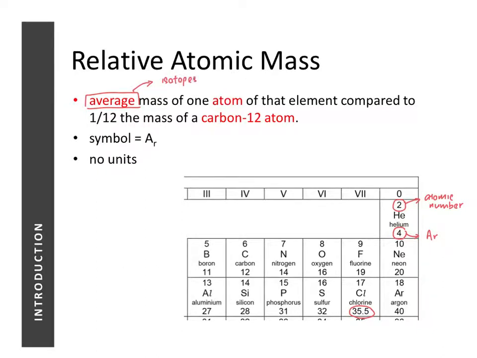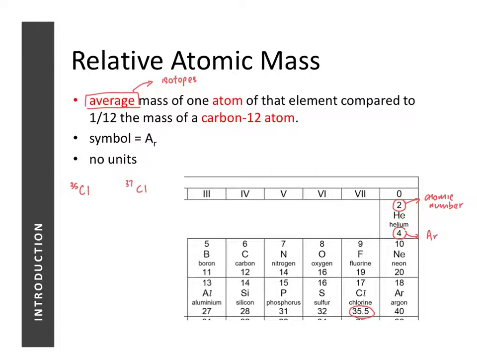If you recall in the chapter on atomic structure, we learned that an element can exist as different isotopes, and different isotopes have different masses. So your relative atomic mass is the average of the different isotopes. The classic example is that of chlorine-35 and chlorine-37. Since chlorine can exist as two isotopes, the relative atomic mass will be the average of the two.